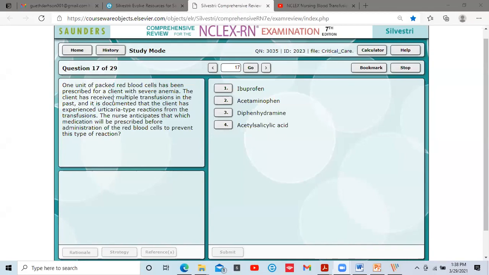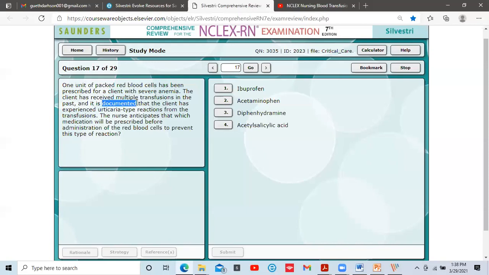The client has received multiple transfusions in the past, and it is documented that when the patient took blood before, they did not develop any blood transfusion reaction, but only an urticaria type reaction occurred because of the transfusion.